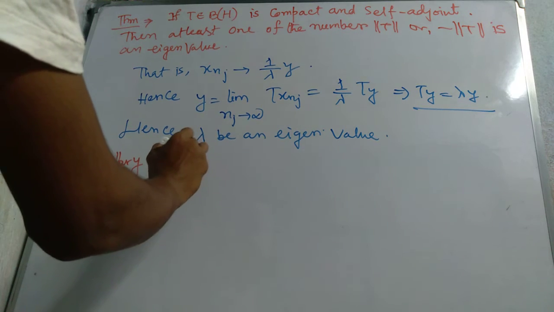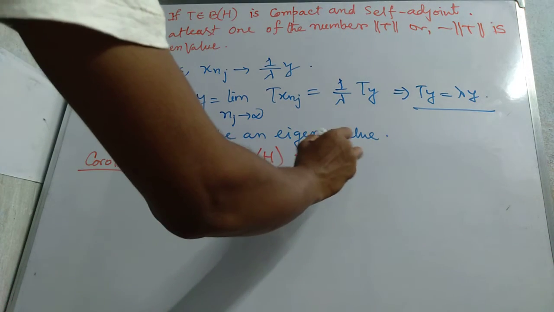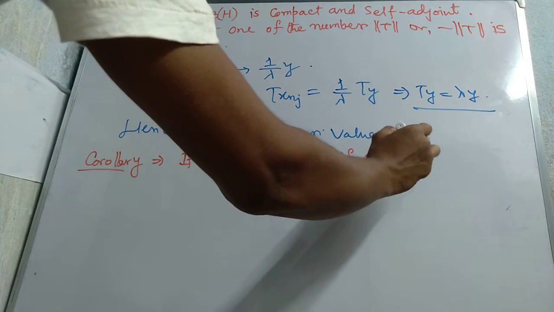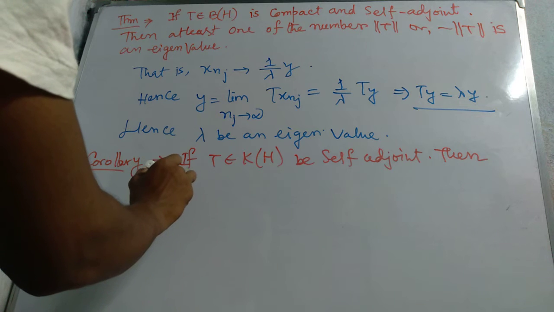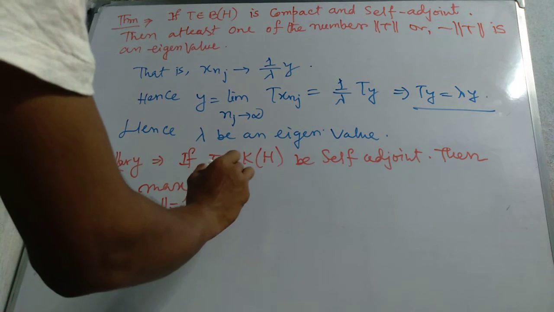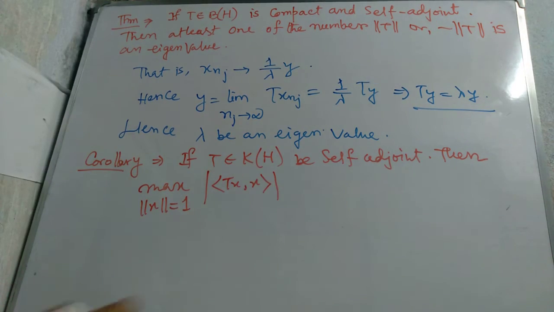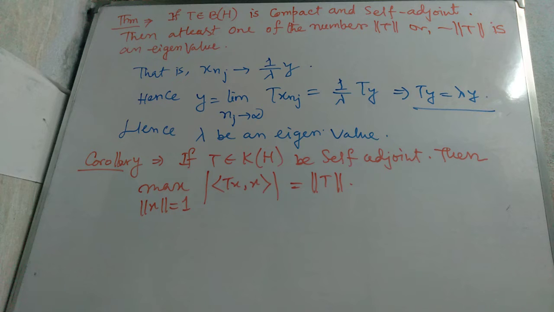If T belongs to compact operator from H to H, be self-adjoint, then maximum over norm x equal to 1 of norm of Tx equal to norm of T. Okay, then we also go to another example.